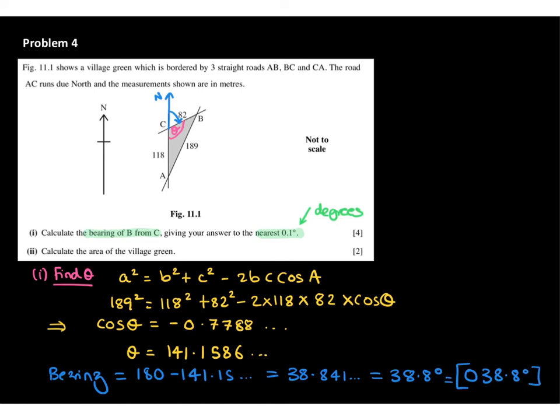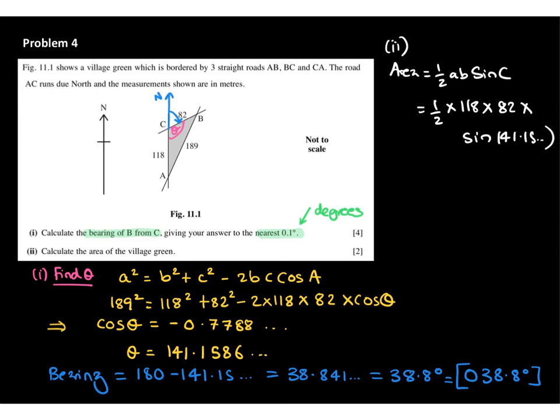Now, part 2 of the question is actually really easy because we've done all the hard work in part 1. We've got to calculate the area of the village green. So it's a triangle. Area of a triangle is a half ab sine C. So it's a half multiplied by 118 multiplied by 82 multiplied by sine of theta, which is 141.15.